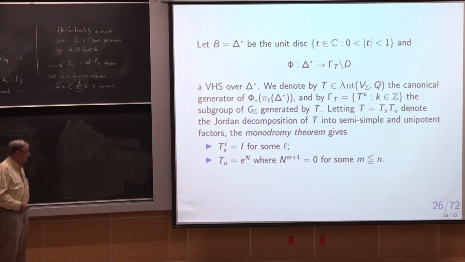And the monodromy theorem says that first, any automorphism of a vector space decomposes into a semi-simple part and a unipotent part. So Jordan normal form. The monodromy theorem says the semi-simple part is of finite order. All the eigenvalues are roots of unity. And that the unipotent part has an index of unipotency less than or equal to the dimension of the cohomology that you're interested in.